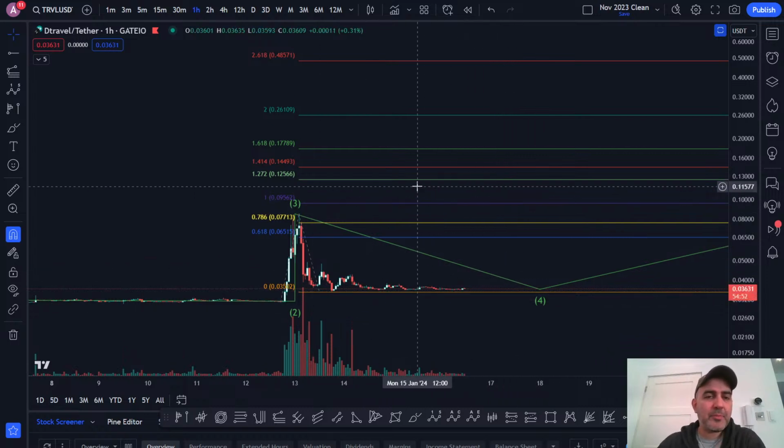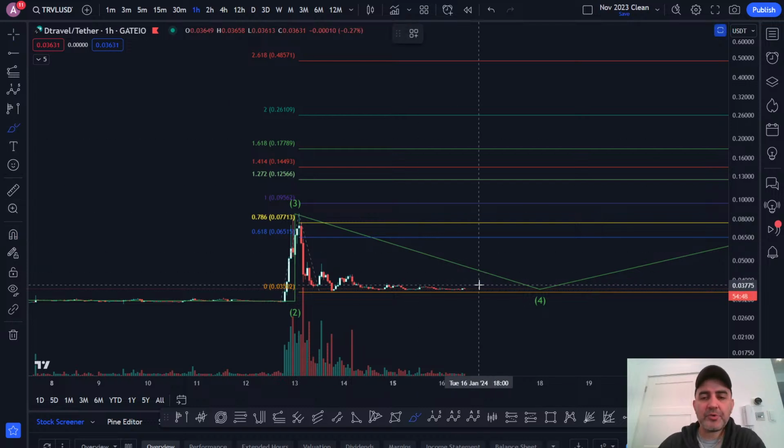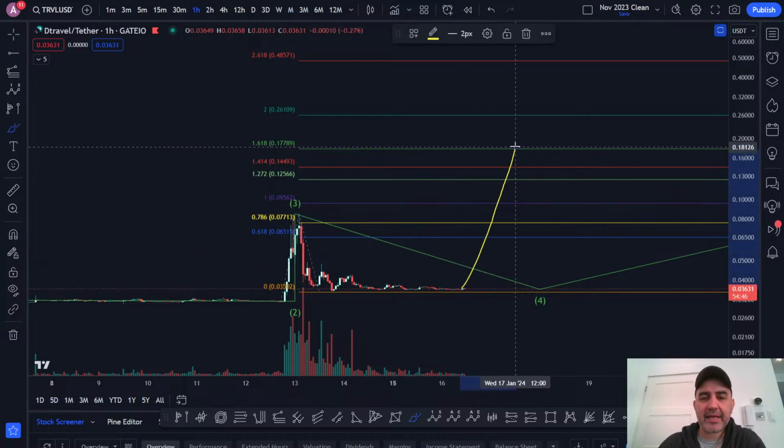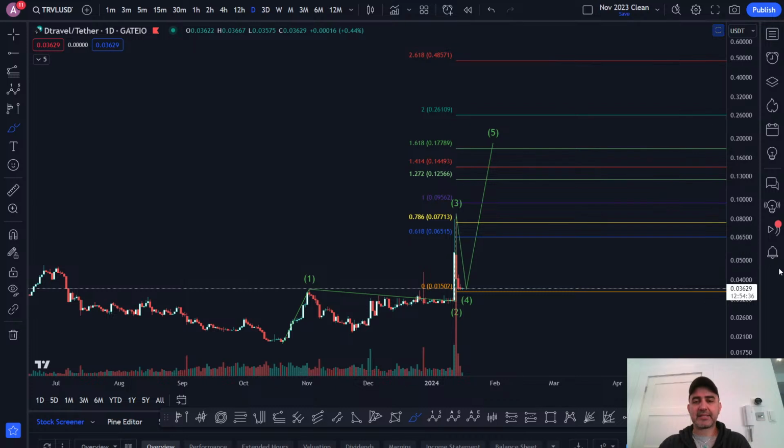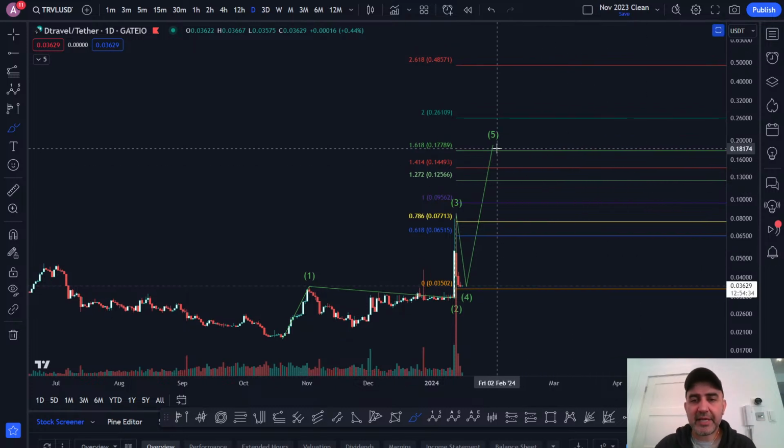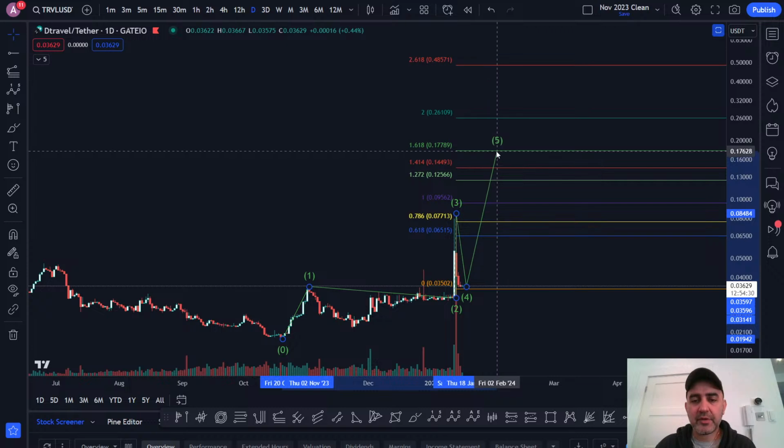Because we went to the 1.618 before, why wouldn't we go back up to the 1.618 again, for a wave 5? That's what I'm thinking, actually. And that would then complete our wave 1. And I don't know when it's going to happen.